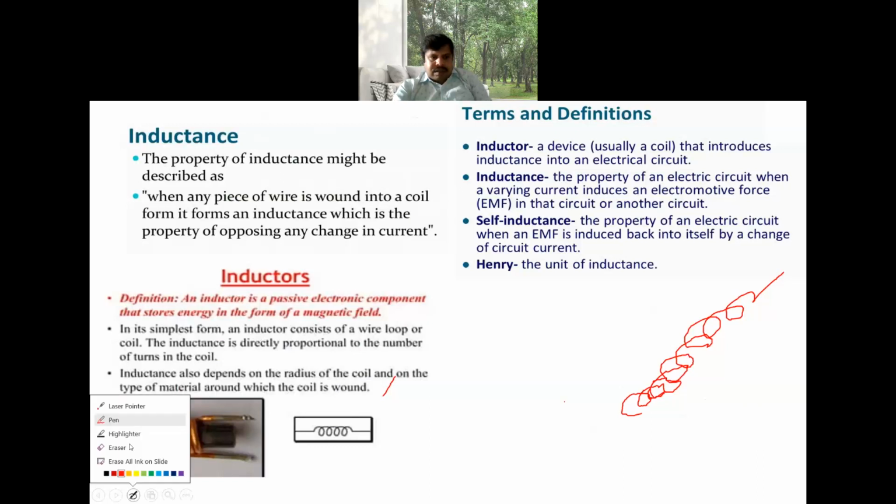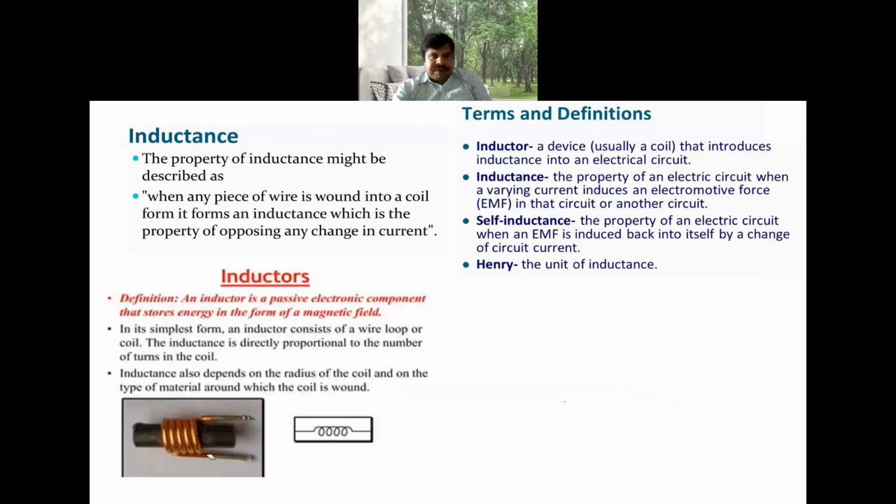That means whenever any piece of wire is wound into a coil, it forms an inductance, which is the property of opposing any change in the current.